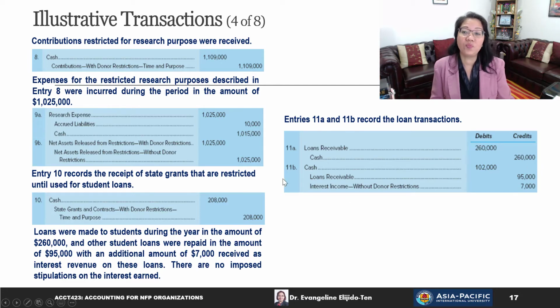In 11B, we are debiting cash for 102,000, the total of 95,000 and 7,000, and our credit would be to loans receivable 95,000 and also credit interest income without donor restrictions for $7,000.